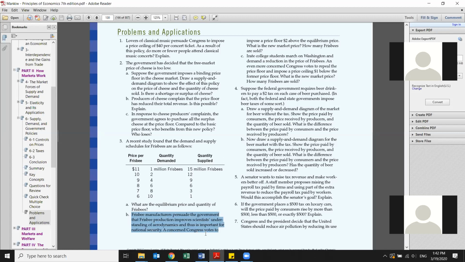A concerned Congress votes to impose a price floor $2 above the equilibrium price. What was the equilibrium price? The equilibrium price was $8, as you have written before. If the government imposes a price floor of $2 above it, the price will be $10.